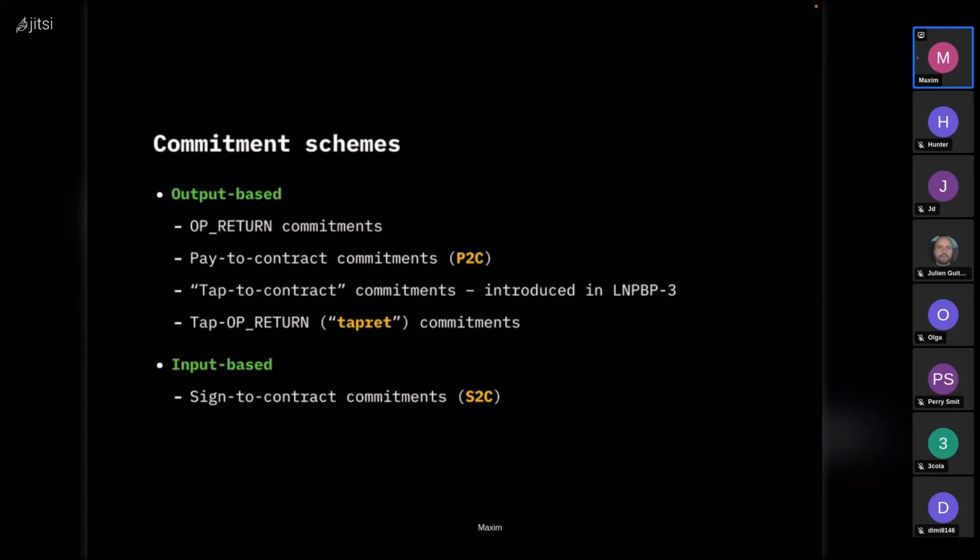There was a modification of this commitment, which we designed for future Taproot in 2019, because in Taproot you can't directly tweak the public key present in the output, because it will break the protocol itself. So we put the tweak one level below.